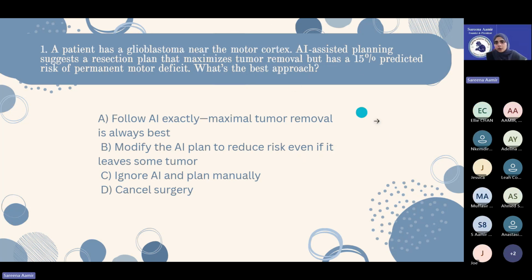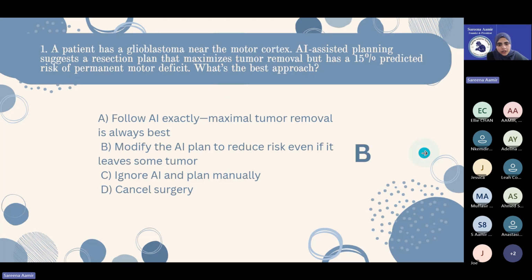All right, we're getting a couple of B's, and yes, that is the correct answer. Most of the time when surgeons operate on a very important area, and the tumor is very close to that area, surgeons actually remove half or more than half of the tumor and leave a little bit in, just to make sure that they don't damage a very, very important part of the brain, because that damage is permanent.